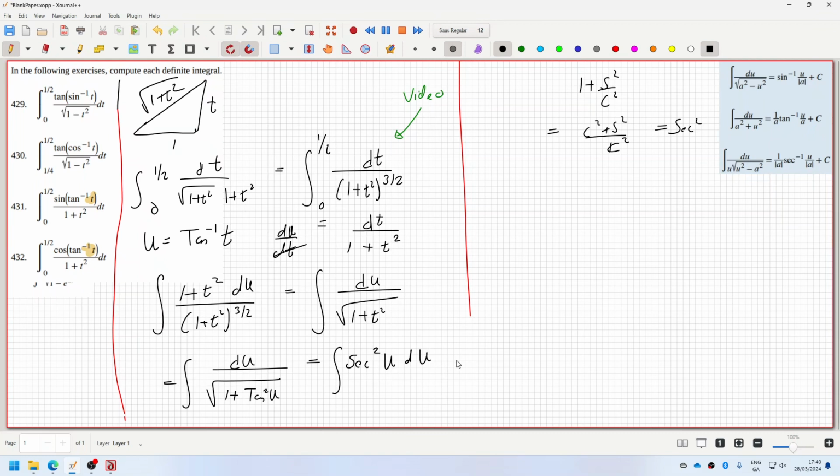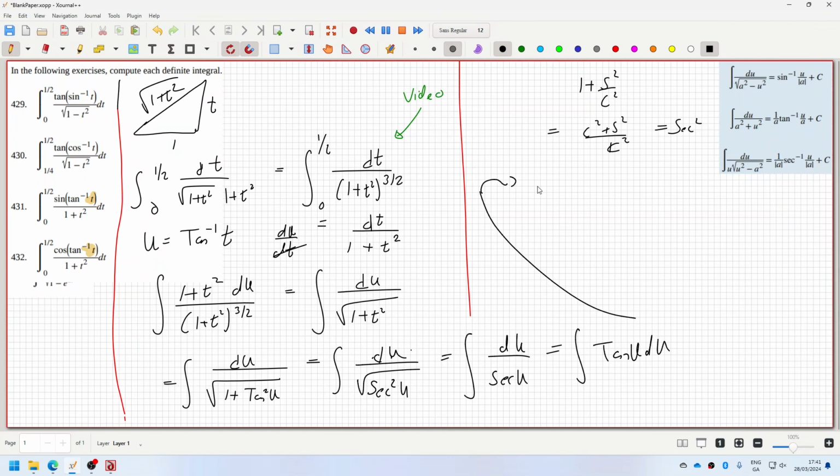Ooh, okay. No, it's not. Sorry, I'm all over the place with this question. It's 1 over root sec squared u du. So that's the integration of sec u, which is the integration of tan u du.